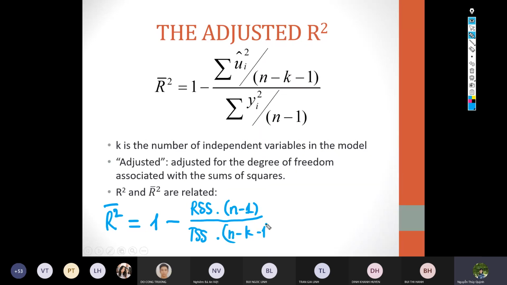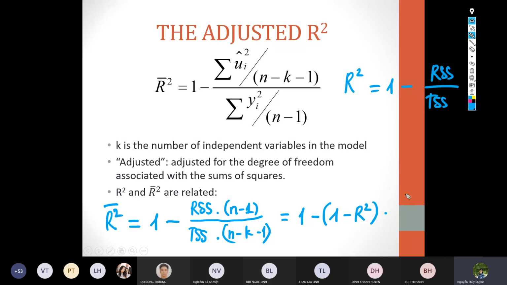So it will be 1 minus RSS divided by TSS, and we also have R square equal to 1 minus RSS divided by TSS. That's why RSS divided by TSS is equal to 1 minus R squared, times n minus 1 divided by n minus k minus 1.